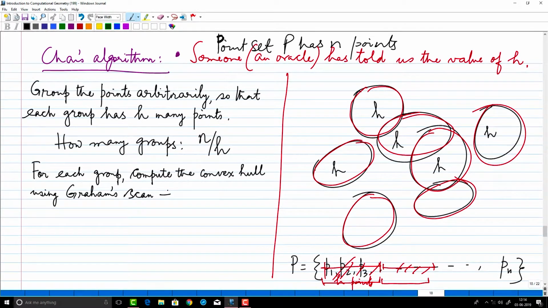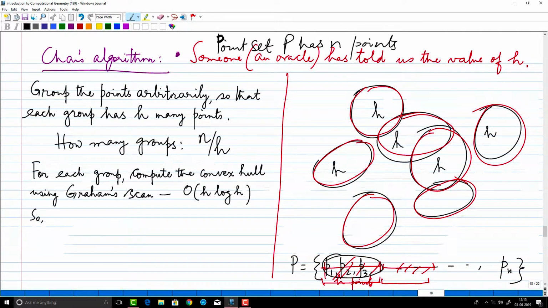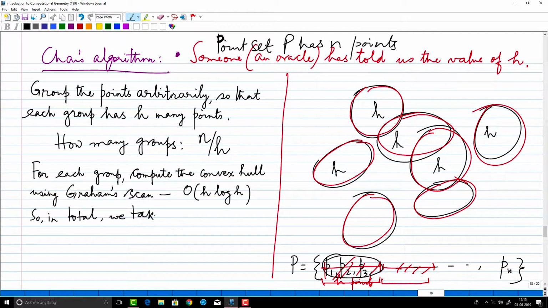So, computing the convex hull for each group is order h log h. How many groups? N by h. So, in total we take n by h groups, and for each group you take h log h.